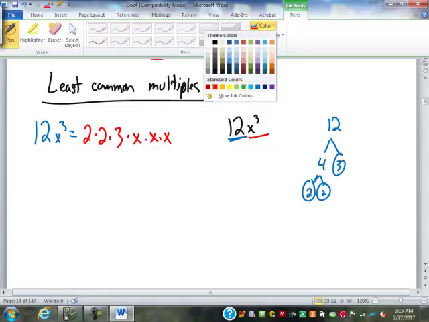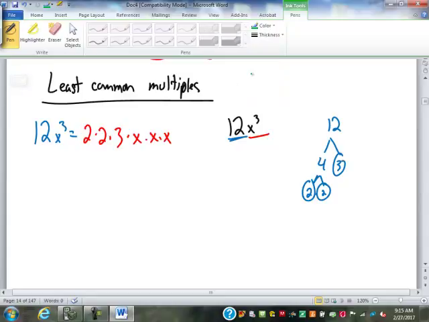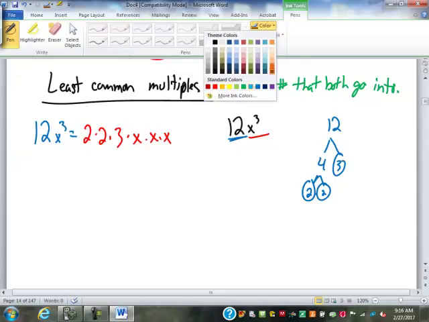For least common multiples, we have a pair of numbers, and we're trying to find the smallest number that both go into, that both will divide into. So let's do the 12x to the third.